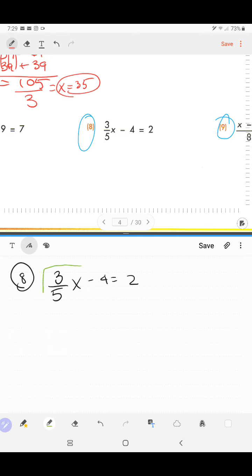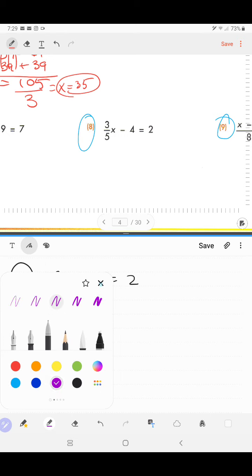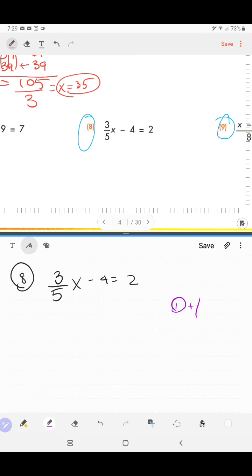So again, all this is one piece with the x. So x's equals numbers. Those are good. So we have to move the 4. First step, plus or minus. We've got a minus, so we're going to plus on both sides.